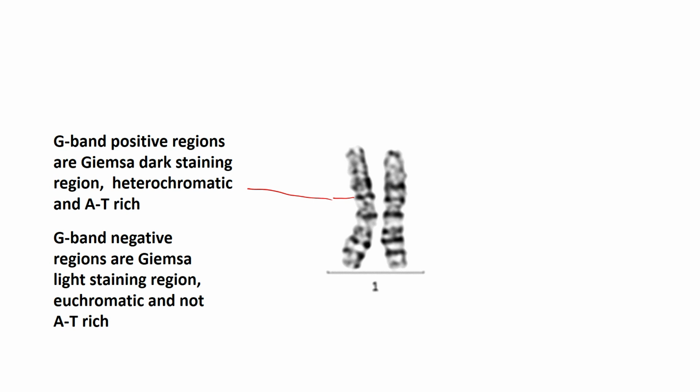AT rich means, in the chromosome you have DNA, which, as we described in the earlier week, has nitrogenous bases, sugar and phosphate. The nitrogenous bases are adenine, guanine, cytosine and thymine.